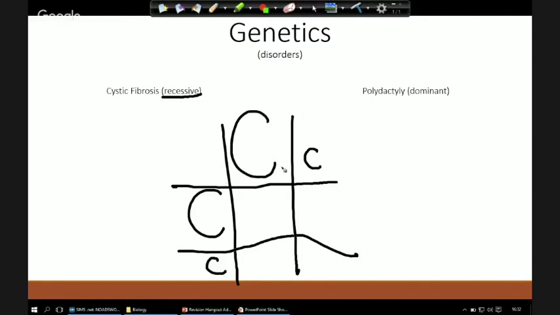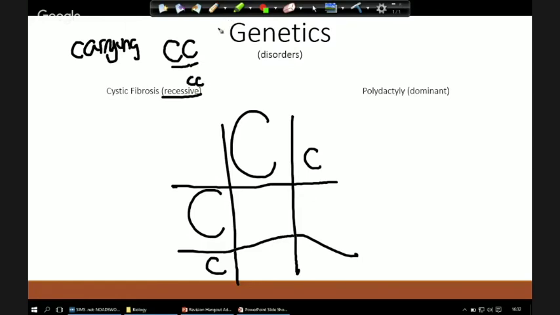But they are carrying it. That word carrying means that they have it, although they're not showing it. They have genotypically got it, but phenotypically they're not showing it. The converse to that would be a completely healthy human would have two big C's. A sufferer would have two small c's.